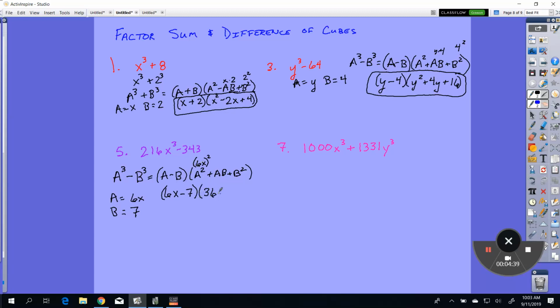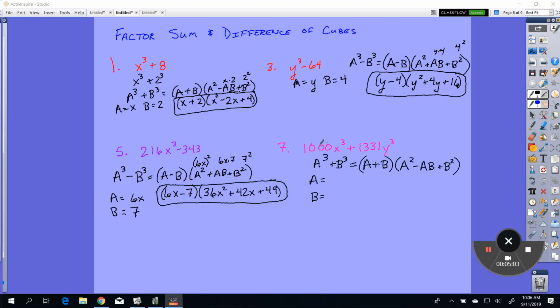So it's 36x squared, because you had to go 6 times 6. AB is 6x times 7. What's 6 times 7? So that's 42x. And then at the end we have 7 squared, which is 49. So that's my answer.